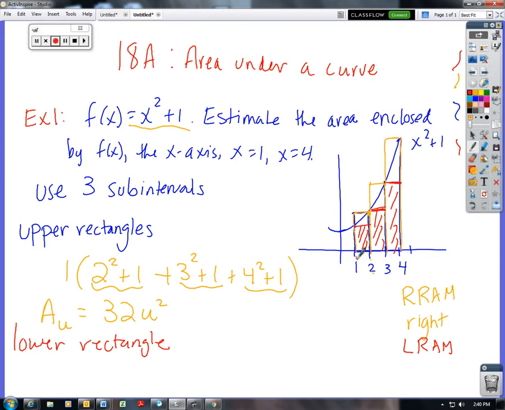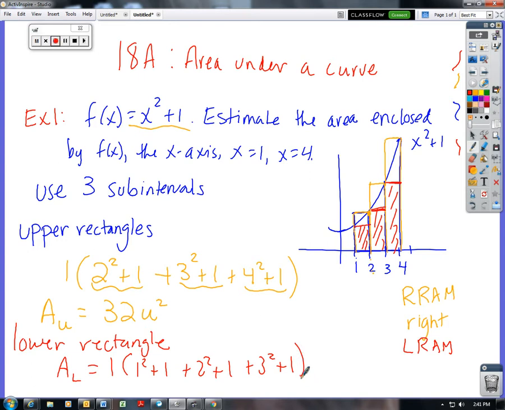So again, the widths are all 1, so we can call this A sub L. The widths are all 1. We'll factor that out. And then the height of the first one is going to be, I'm going to have my x of 1. So I'm going to have 1 squared plus 1. The next one will be 2 squared plus 1. And the next one will be 3 squared plus 1.